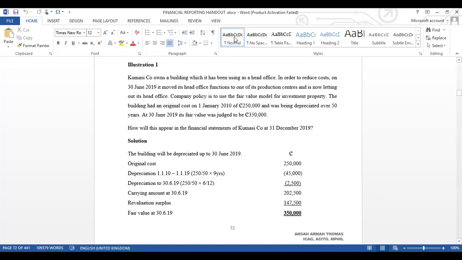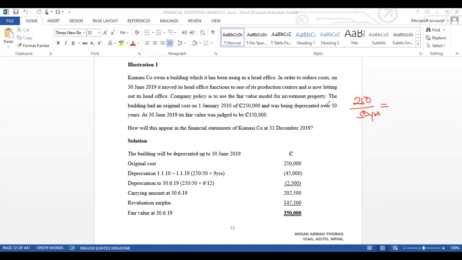So if you bought it at 250 and it has a useful life of 50 years, please start punching calculators: 250 over 50 years. What is the depreciation for every year? Now let's count the years.